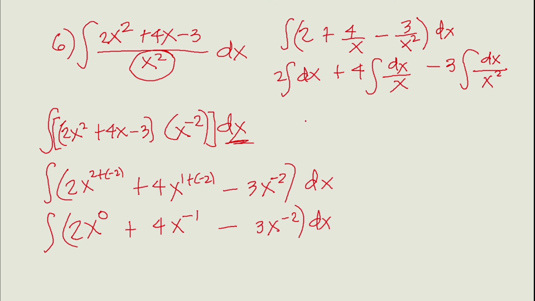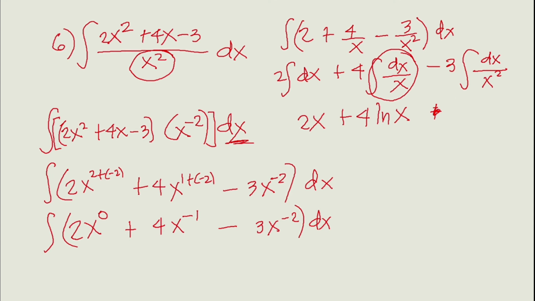Integral of the constant, we have 2x, plus integral of dx over x, that is equal to ln x. So this is 4 ln x. If you can see, dx over x is equal to ln u plus c. So the variable of integration is x, so that is ln x. Plus, we could have, minus rather.